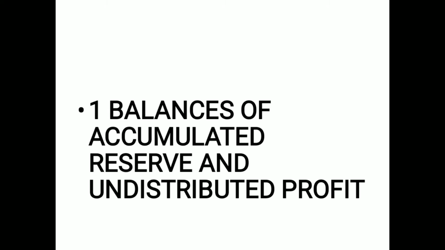What you used to do during that time with the balances of accumulated reserve and undistributed profit? Obviously, in chapter 5, you used to distribute it among old partners, and in chapter 6, you used to distribute it among all the partners. And you used to distribute it always in old ratio.